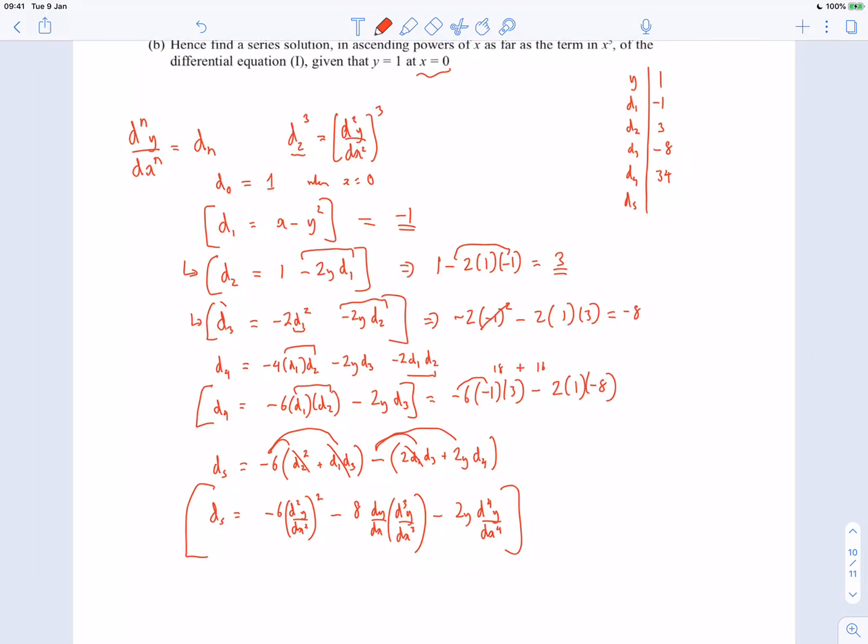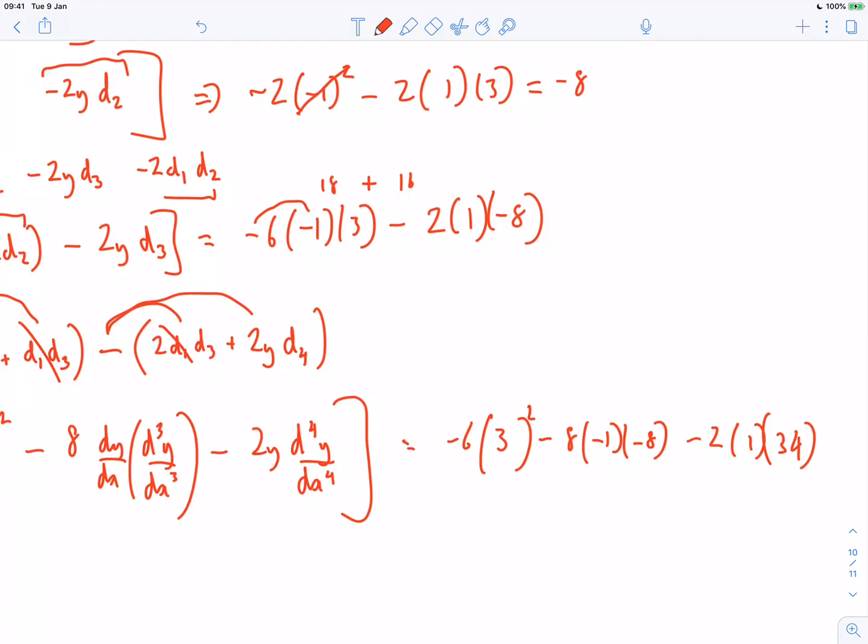And then for the final one, I've got minus 6 lots of the second derivative, which is 3 squared. Yep, minus 8 lots of the first derivative, which is minus 1, times by the third derivative, which is minus 8, minus 2 lots of y, which was 1, times by the fourth derivative, which is 34.